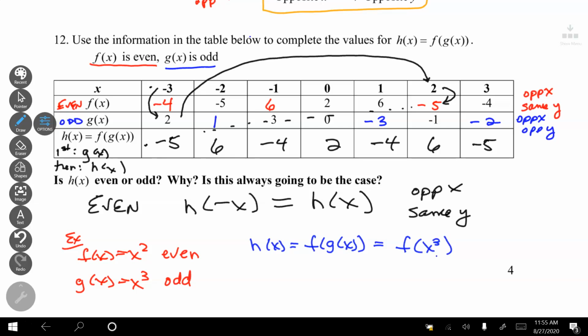But now I have to take that cube and do the f to it, which is squared, so I get h of x is x to the 6. That is an even function. That even function kind of takes over.